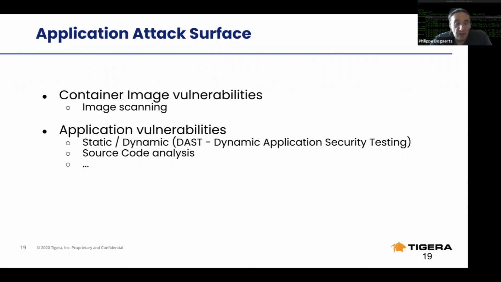You can take additional measures to do, for example, dynamic or even static application security testing. But again, this is something which is very hard to do in Kubernetes when an application is live, because it's very difficult to patch an application once it is deployed inside of Kubernetes.